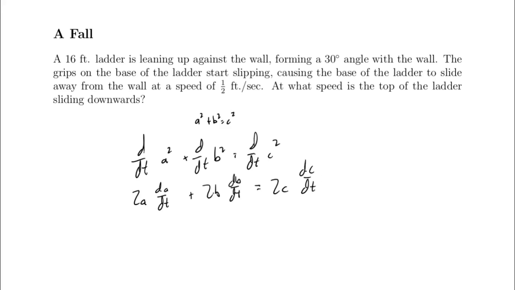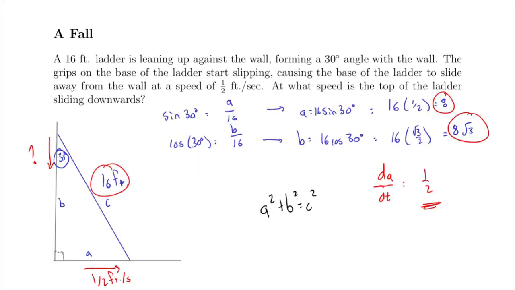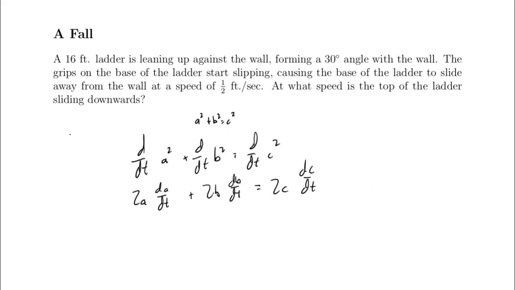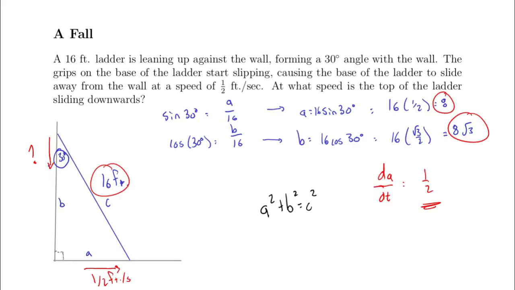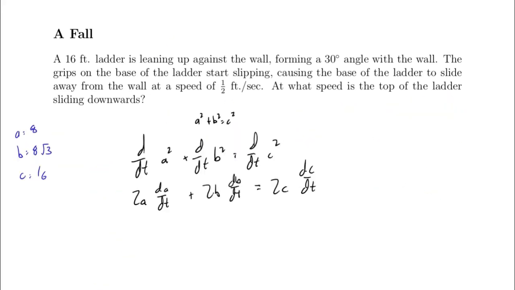We have a bunch of these values. We had that A was 8, B was 8 root 3, C was 16. So let's go ahead and write these in here. A was 8, B was 8 root 3, C was 16, and we had that dA over dt was a half. Perfect.